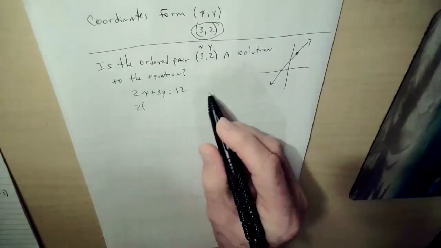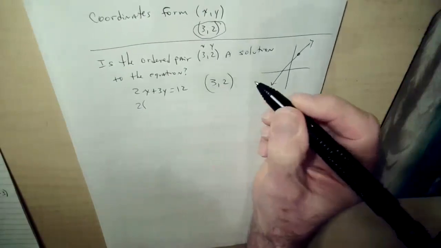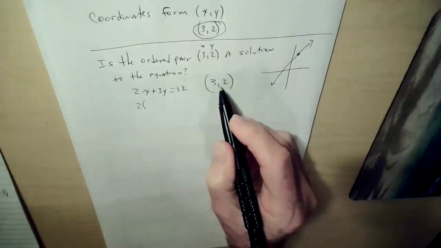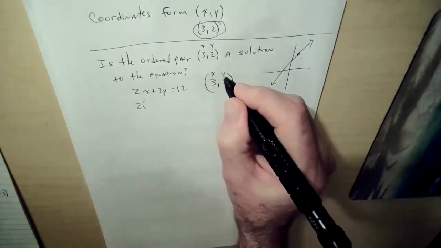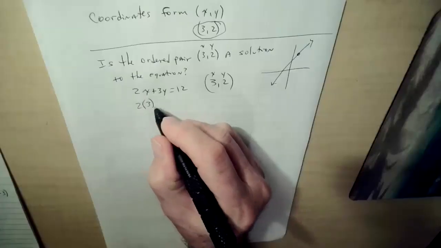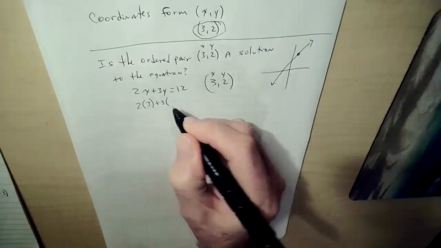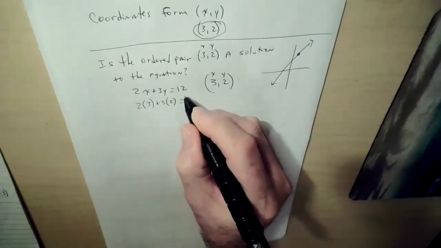So 2 times, now what's x? This is the point, or ordered pair. We put in 3 for x, wherever there's an x. 3 times y, y is 2.